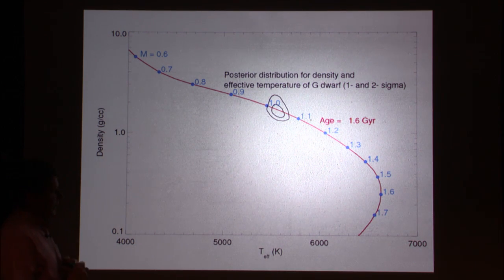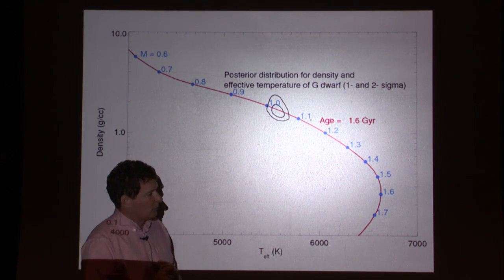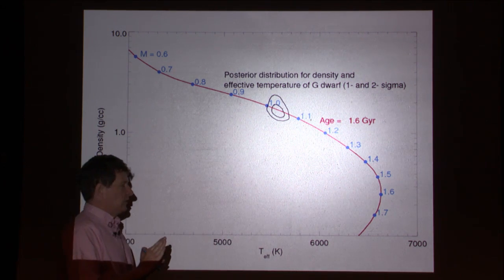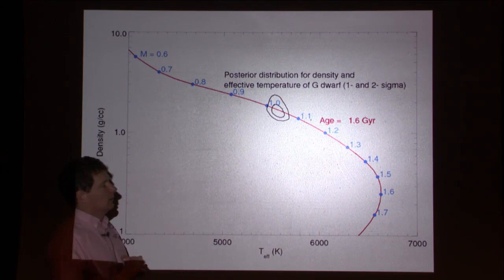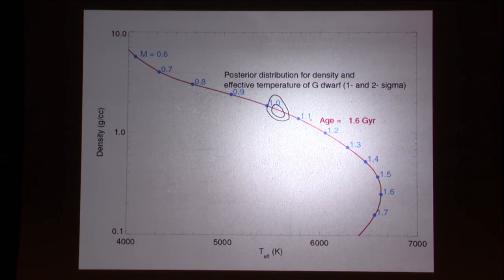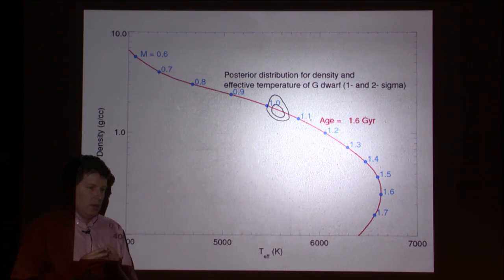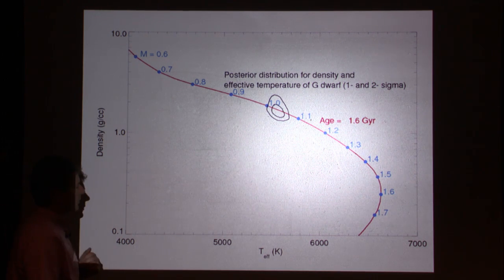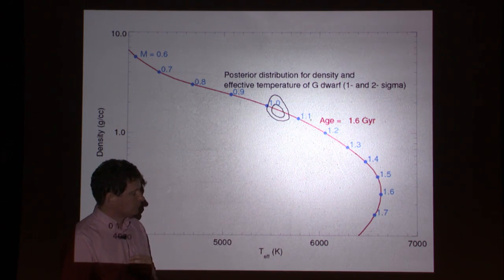From that, I get a cooling age of the white dwarf, again, model dependent, unfortunately, which then tells me how long the white dwarf has been cooling since it finished its red giant phase. The third assumption that I had to make, unfortunately, was an initial-final mass relation for the white dwarf. So given its 0.6 solar mass, I assumed I think you get about a 2 solar mass progenitor.